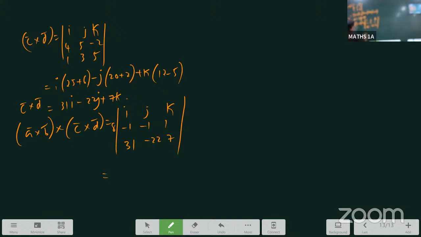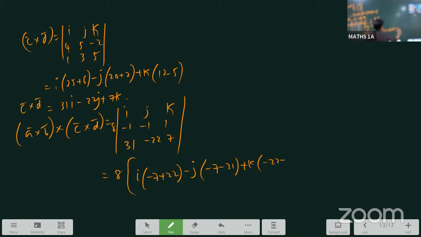Now that is 8 into, expand your determinant: i into minus 7 plus 22, minus j into minus 7 minus 31, plus k into minus 22 plus 31.